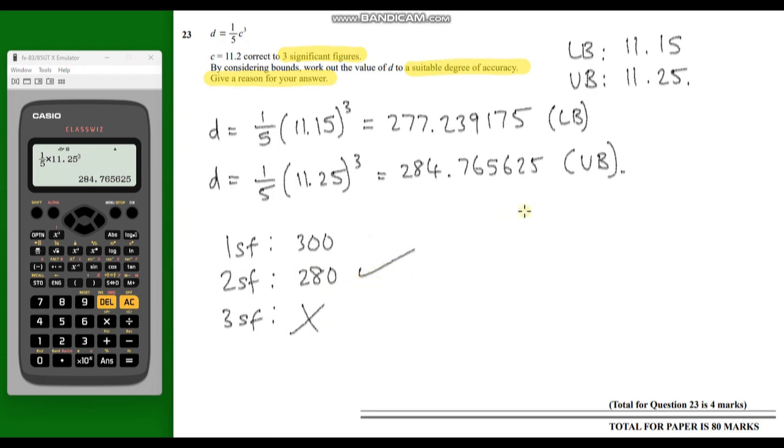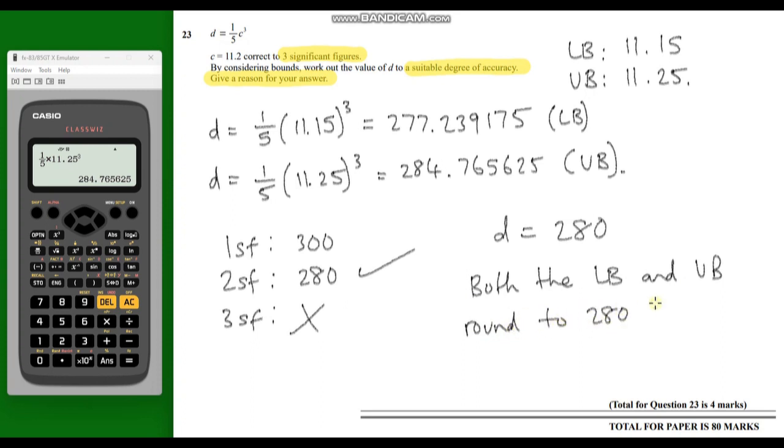So we can say that D is equal to 280, but we need to give a reason for our answer, and we can say that both the lower bound and upper bound round to 280, and then I'm just going to put using two significant figures.